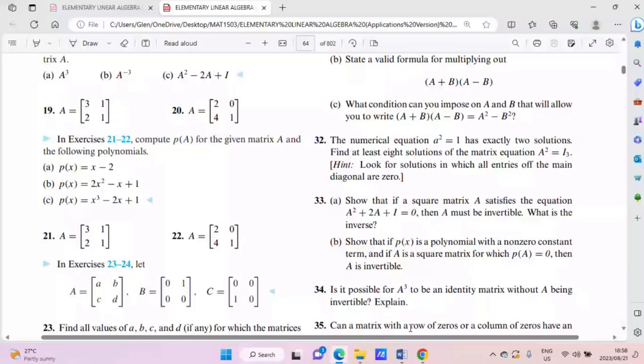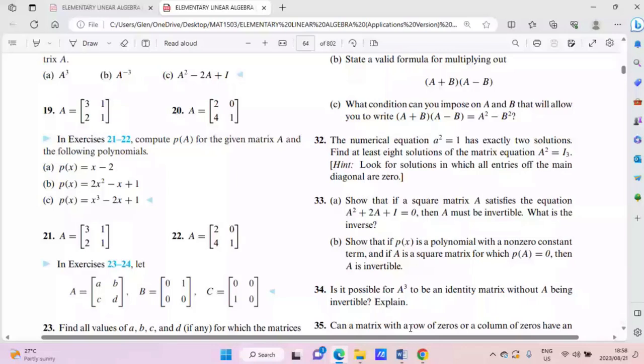Not that fast. I would prefer you to tell me the entries in the first row as well as in the second row. What are the entries for that identity matrix in the first row? The first row is 1, 0, then the second row is 0, 1. Okay.